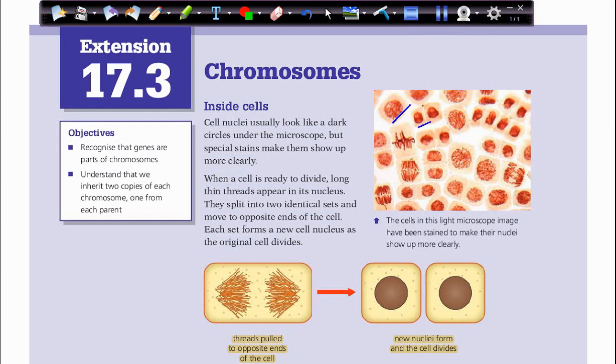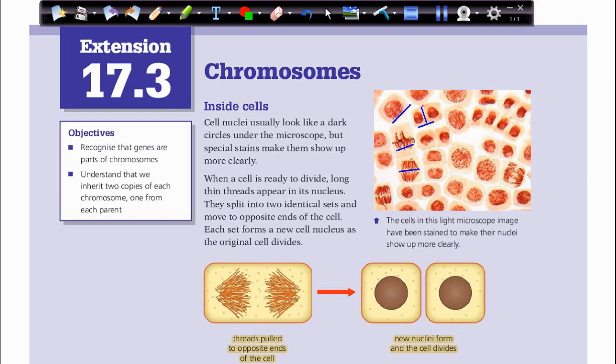To divide itself into two cells, first you can see long threads here. In the beginning, these threads will come up from each side, and they will start to pull opposite to each other.